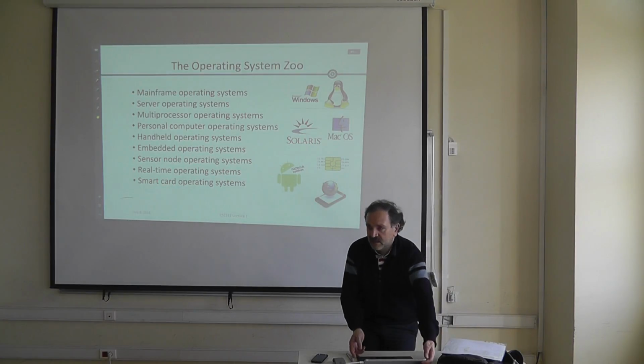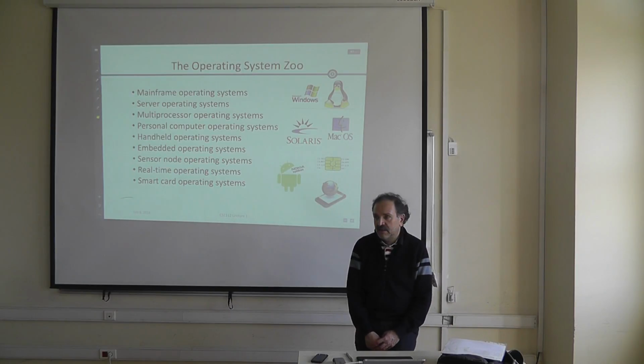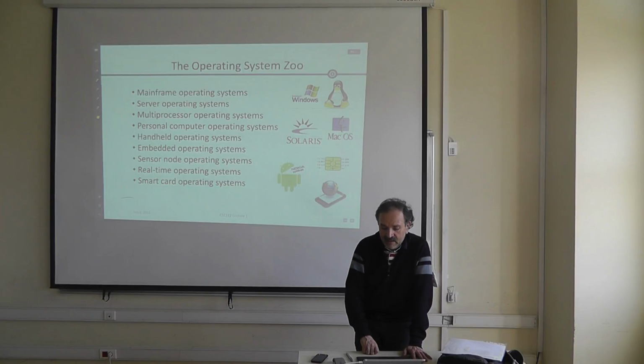And since I can carry it, it's a handheld operating system too. Handheld means that I can hold it in my hand, and without connecting to the power outlet, I can use it. So when I talk about the types of operating systems, always keep this in your mind.